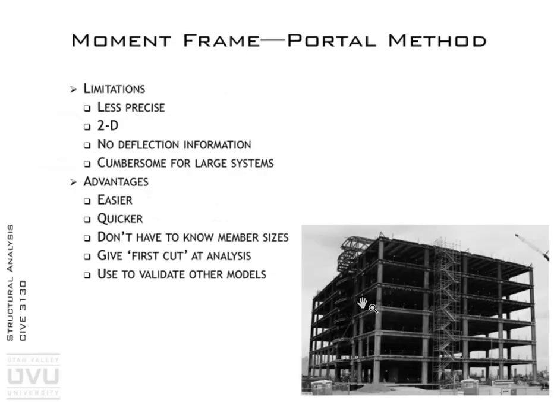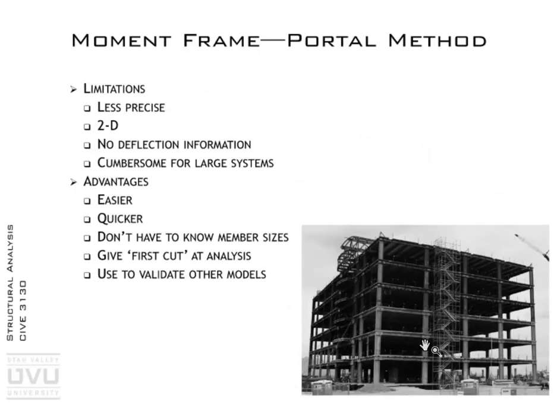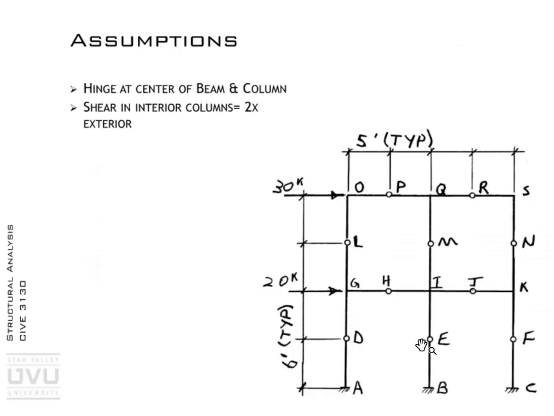Okay, next method, moment frames using the portal method. Naturally, it's great to run this in finite element software, and this building was designed that way. But if I wanted to check the moments in some of those members and make sure I'm using the software properly, I can make two assumptions.